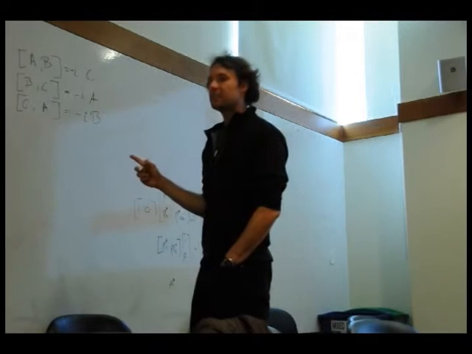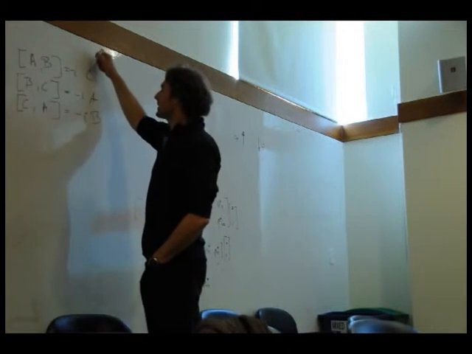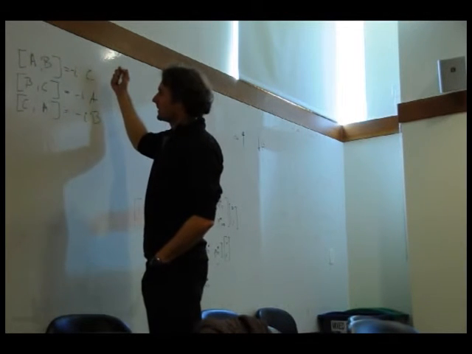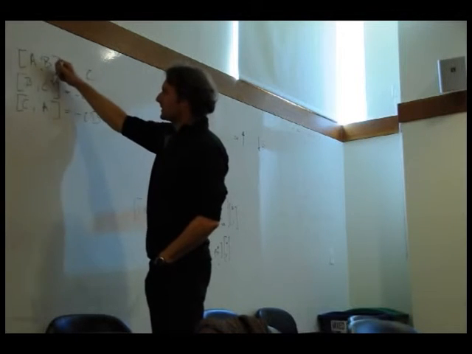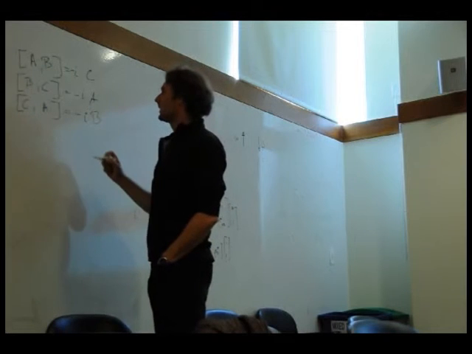The important thing here is that they be in the same order. You have A, B, C, and it's cyclic. Here, I already messed it up, I guess. No, it's right. A, B, C, and then here, A, B, C.